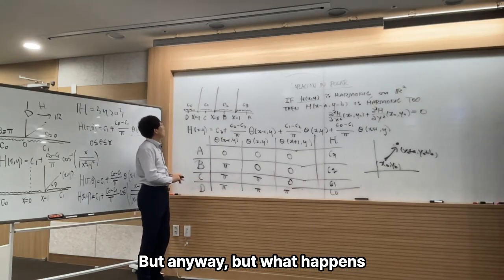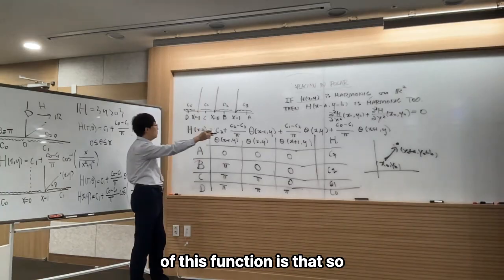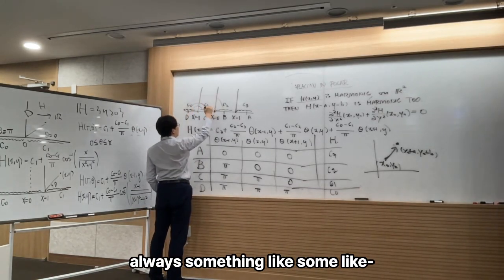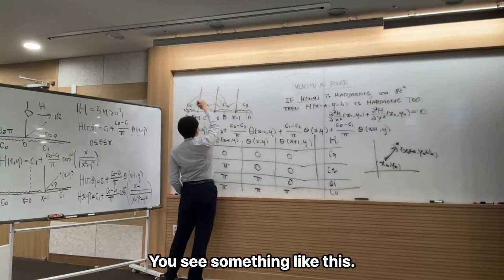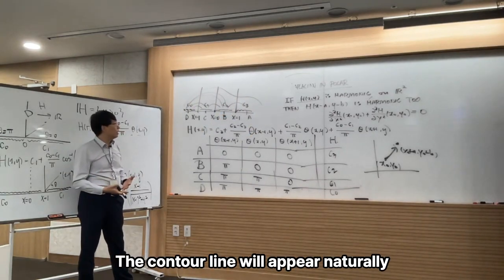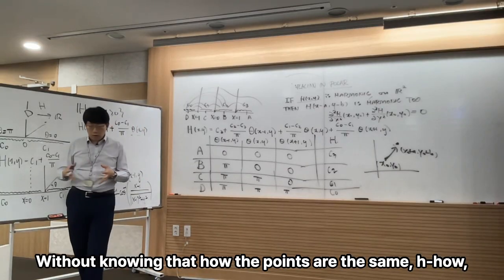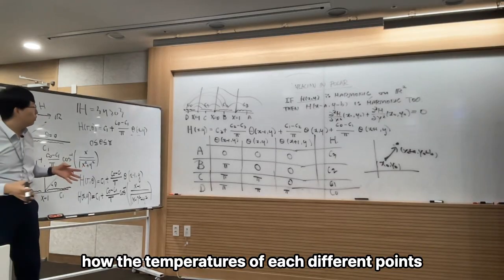But anyway, what we will see in the contour lines of this function is that it's not always going to be something like this, or maybe this. The contour lines will appear naturally once you have the function, without knowing beforehand how the temperatures at each different point are the same.